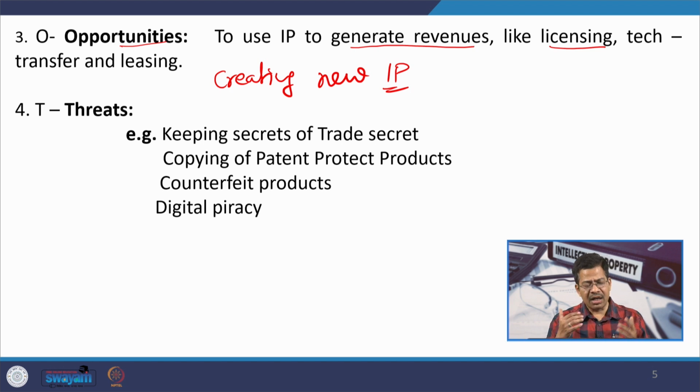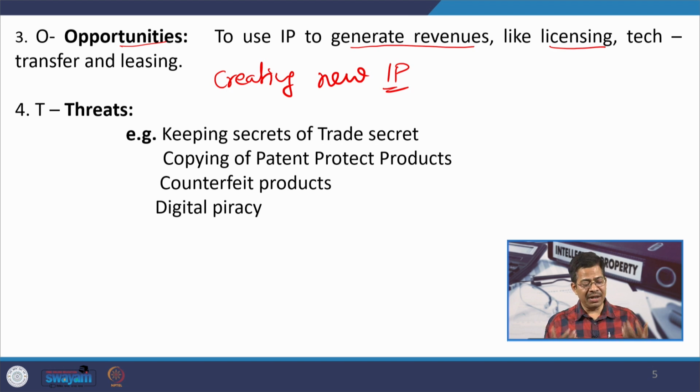There is a continuous challenge with almost all organizations in this world: issues related to fake and counterfeit products, where a lot of trademark copying is happening. Patented products are also being copied by various organizations, and in the copyright field, digital piracy is a big threat.